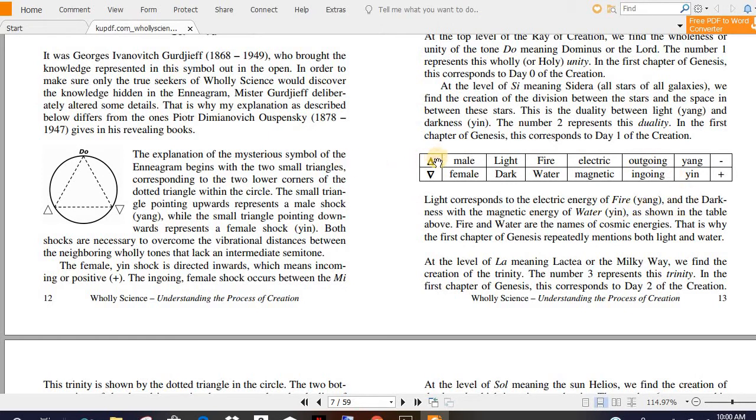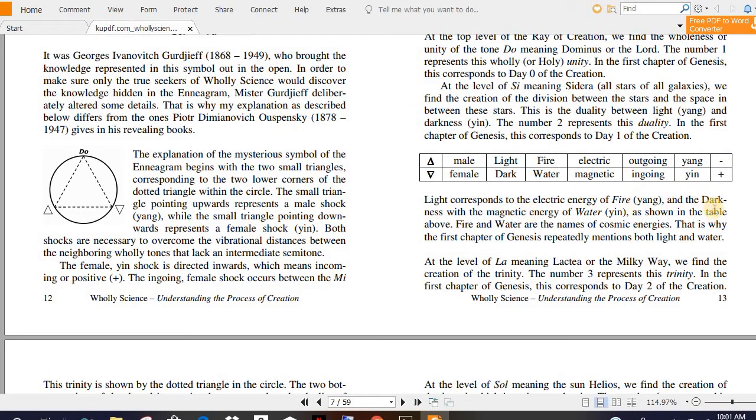Okay, this would be fire. And these are the same for earth and air, but they have a line through them. So you would have a line right here for air and a line right here for earth. Okay, and the darkness with the magnetic energy of water, yin. So this is fire and water. Fire and water, yin and yang.